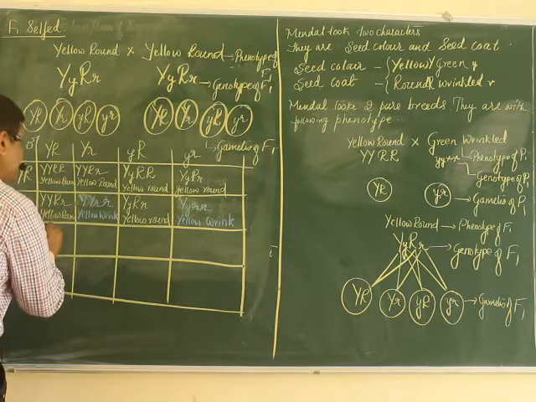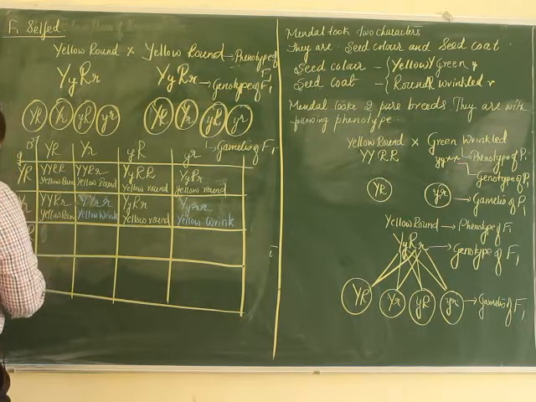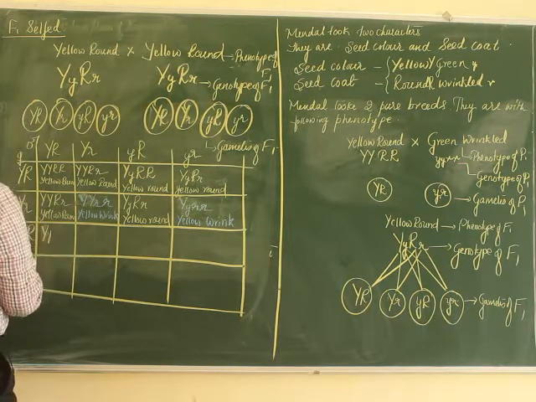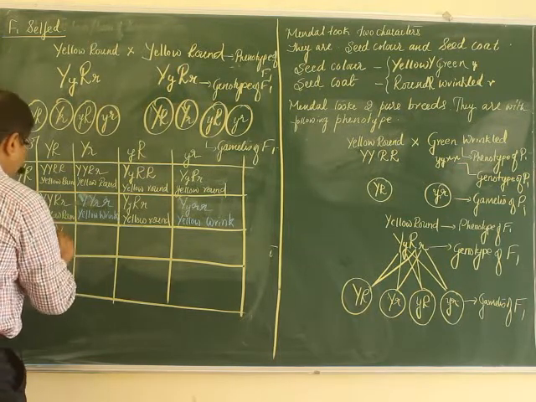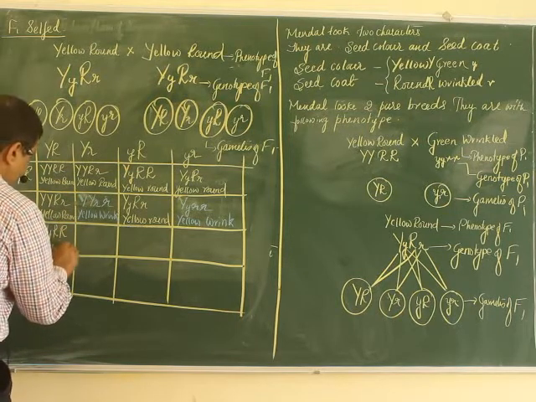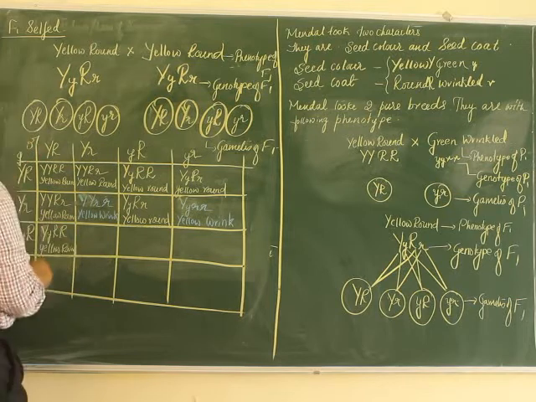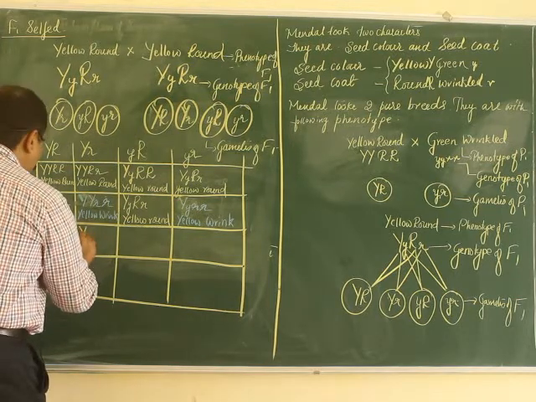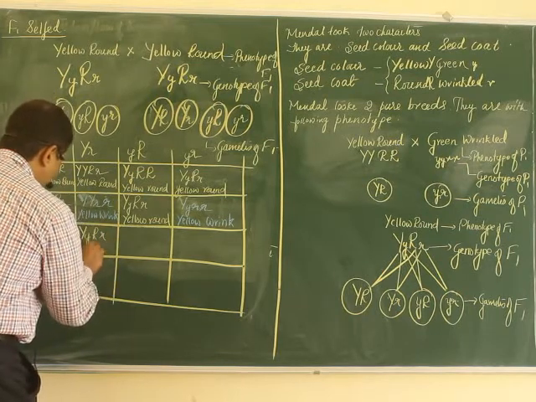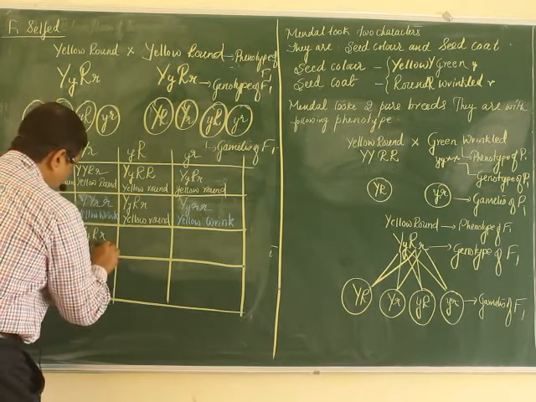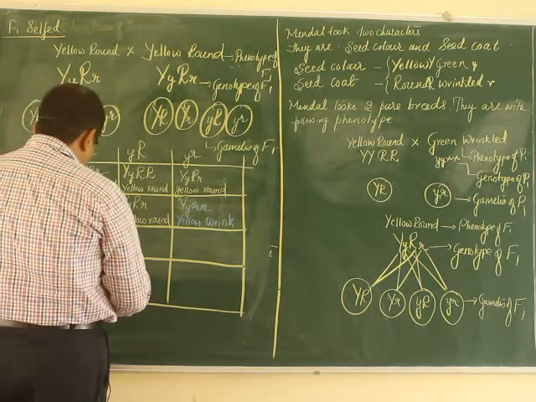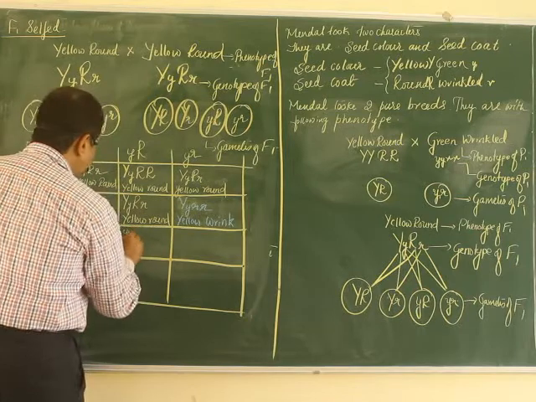Then this one: small y, capital Y, small y, capital R: yellow round. Then capital Y, small y, capital R, small r: yellow round. Then small y, I'll write in green color.